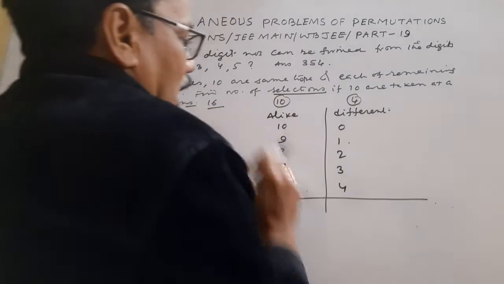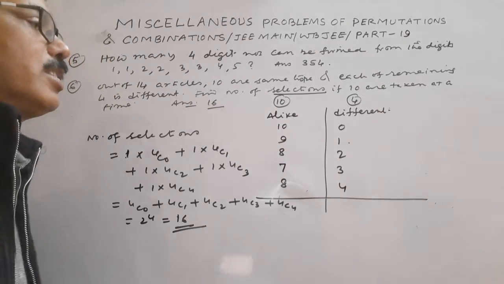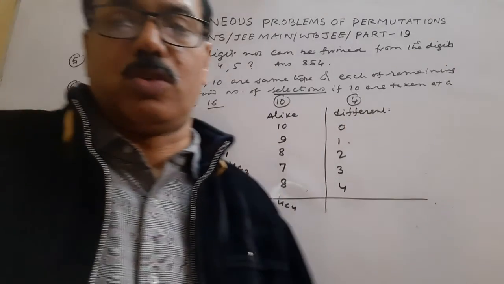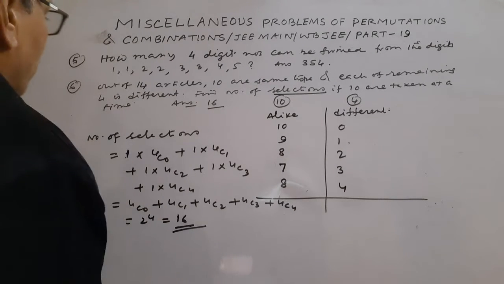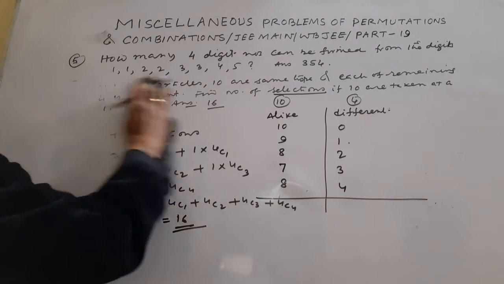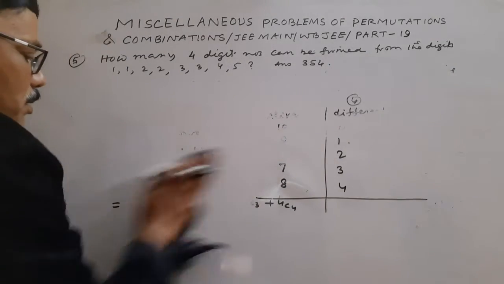For different, you know the formula nCr. So 4C0, 4C1, 4C2 and so on. So this is problem number 6. Then problem number 5.